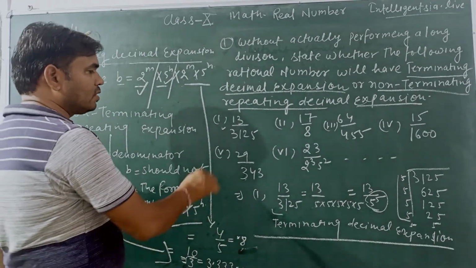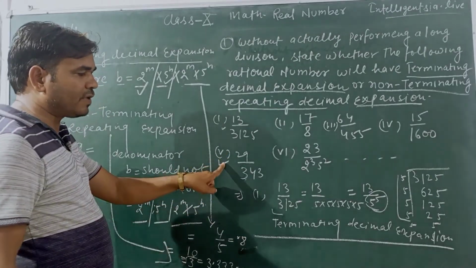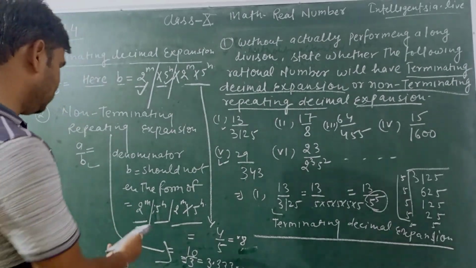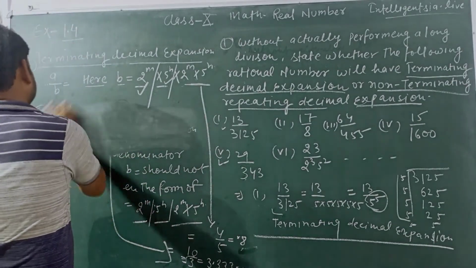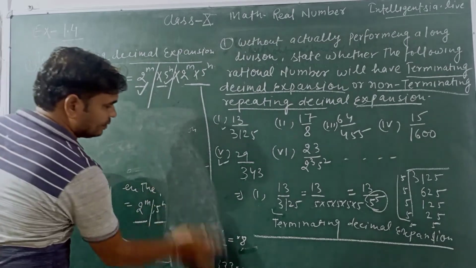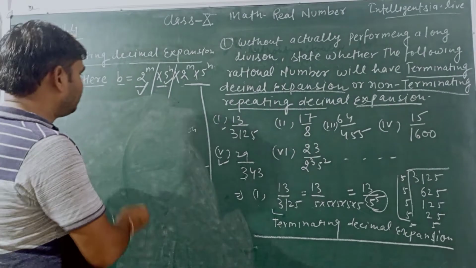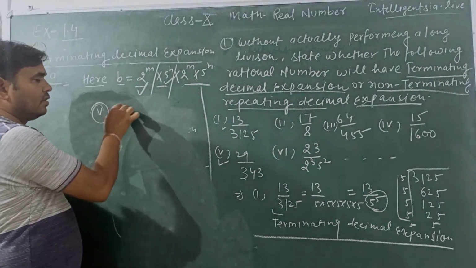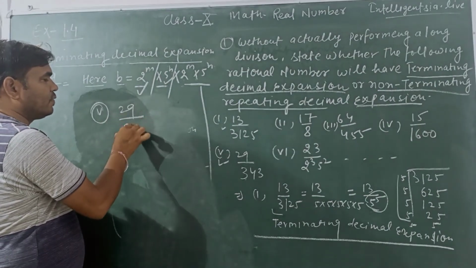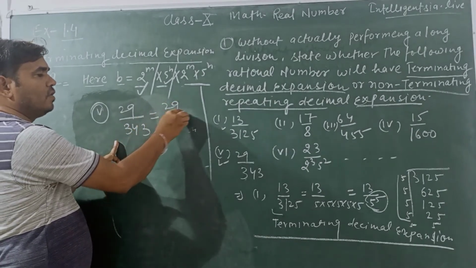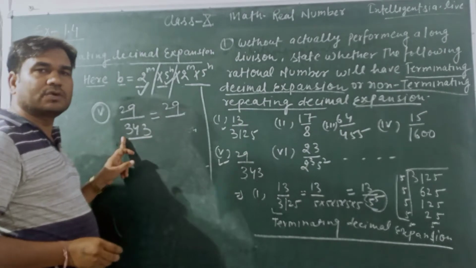And now we talk about part 5. Part 5 is 29 over 343. So here we see 29 over this 343.